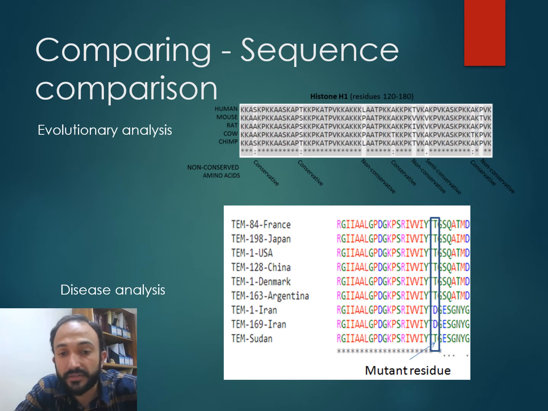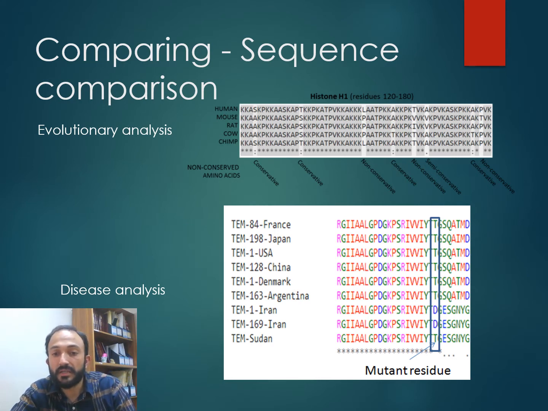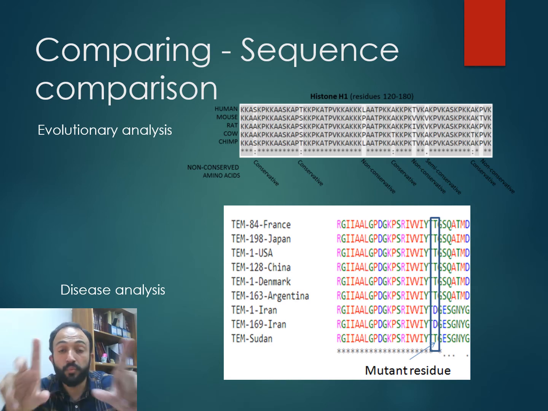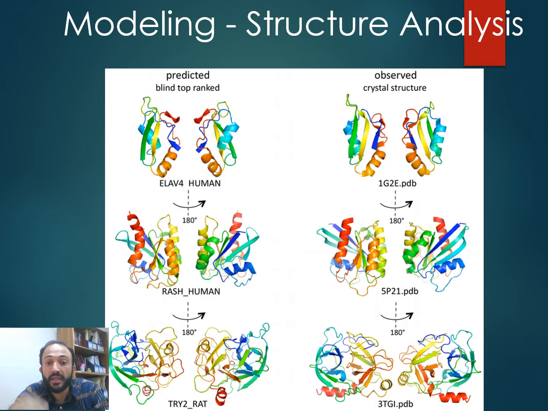So there are different countries, and each sequence of TEM, probably you can say transmembrane protein, belongs to one person, and this is a comparison of that sequence between different individuals. After comparison we can identify where the mutation actually lies. So that is also one sort of experiment that is called comparison.